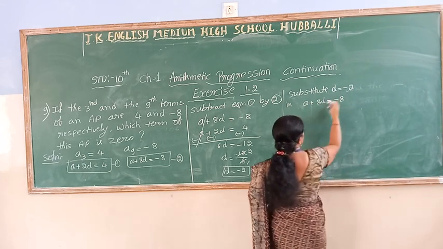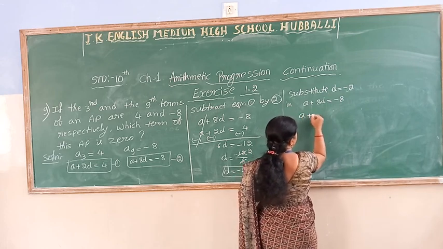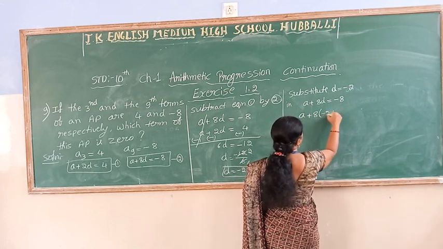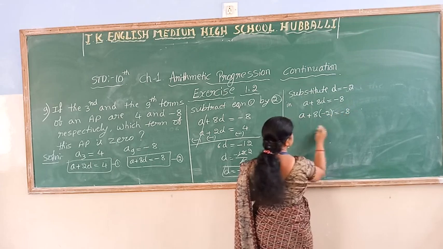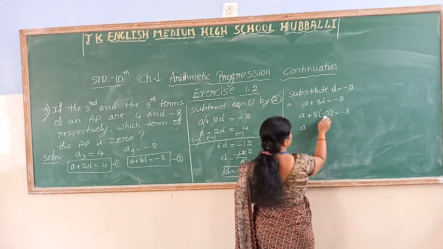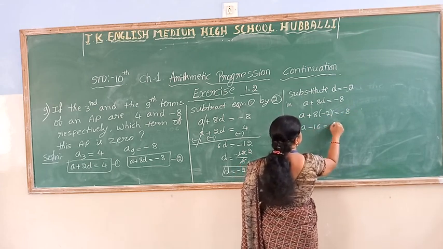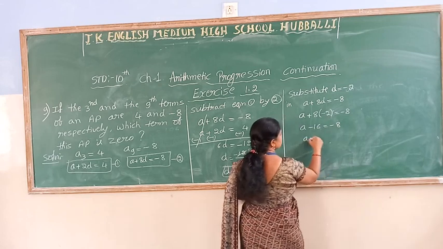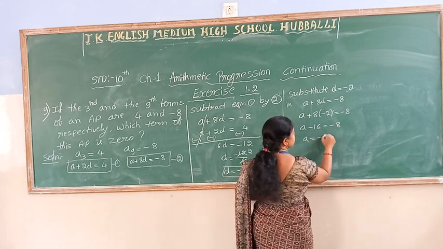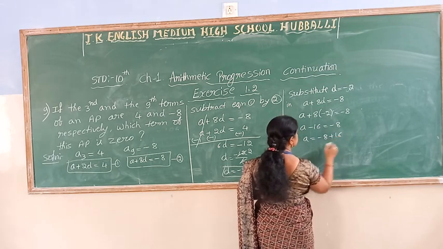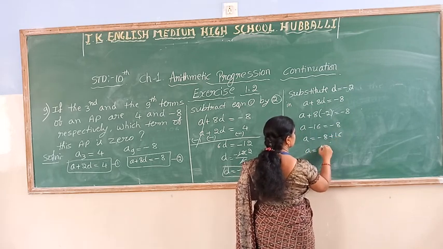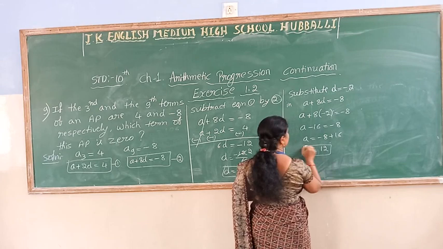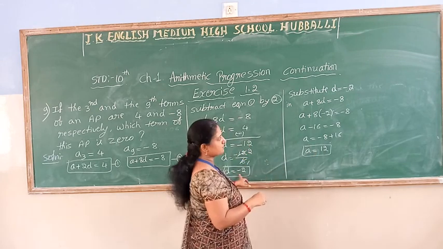So substitute the d value now. a plus 8 into minus 2 is equal to minus 8. Then a minus 16 is equal to minus 8. So if I take this 16 to that side, it becomes plus 16. a is equal to 12. I got the value of a as 12 and the d value is minus 2.